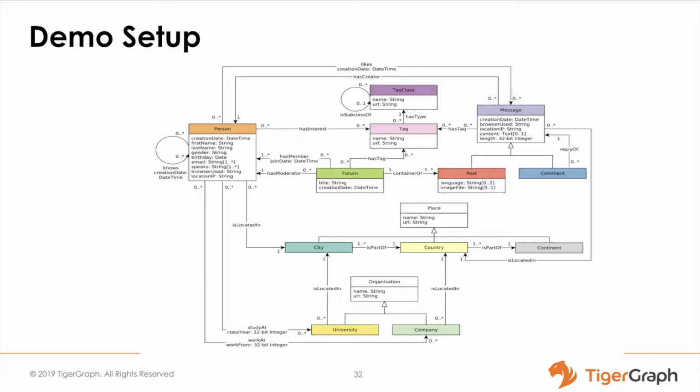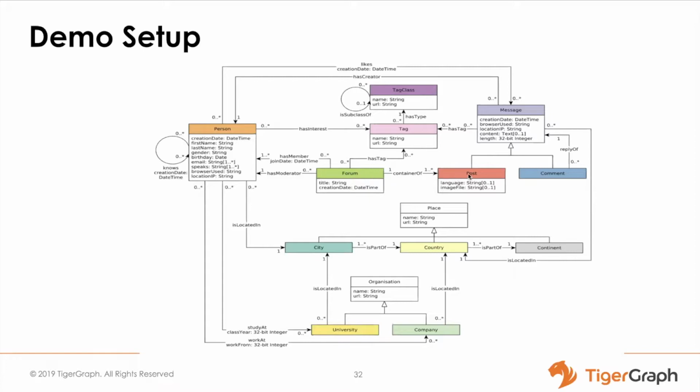And the schema is actually modeling a person who are involved in different forums, social forums. So here you have person who are the main entity in the graph schema, and they can be a member of a particular forum. Forum is where the internet place you can post a particular topic.